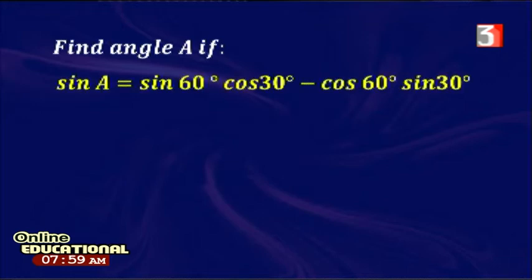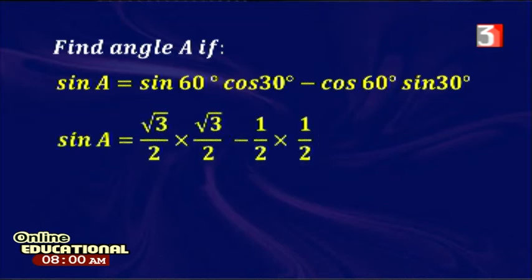Another example, find angle A if sine A equals sine 60 degrees cosine 30 degrees minus cosine 60 degrees sine 30 degrees. Of course, to find angle A, you must find sine 60, cosine 30, minus cosine 60, sine 30. First of all, sine A equals, what about sine 60? It's root 3 over 2.